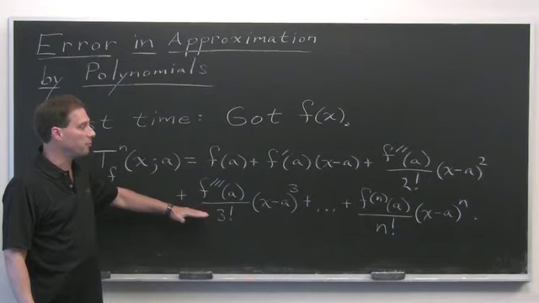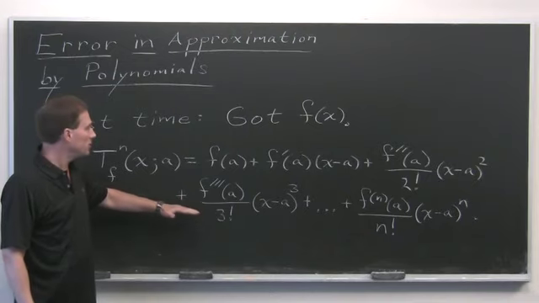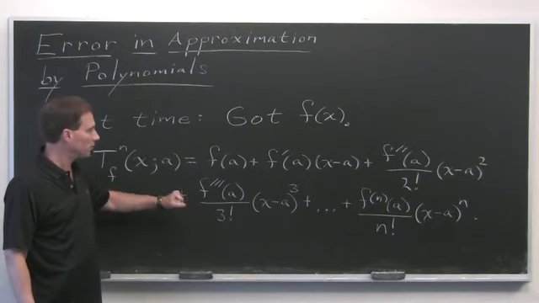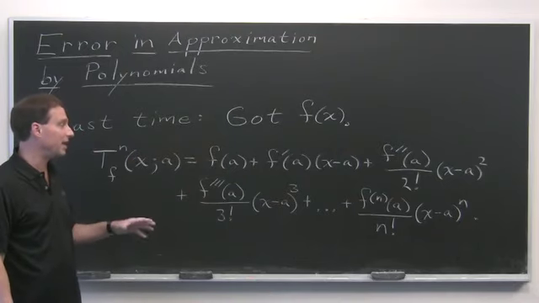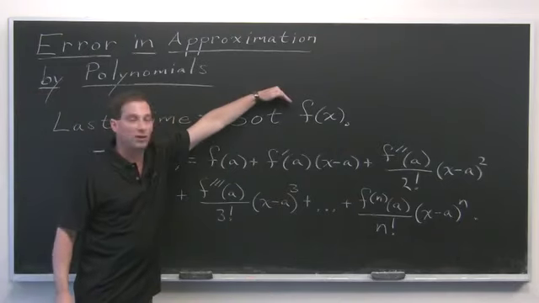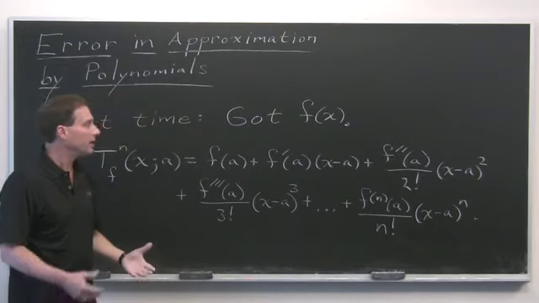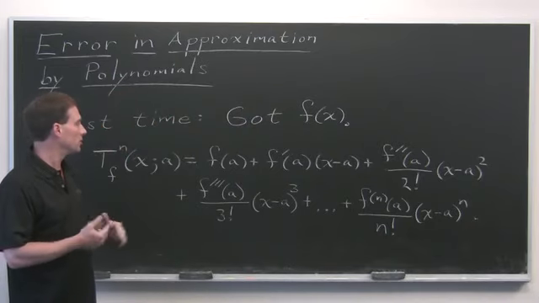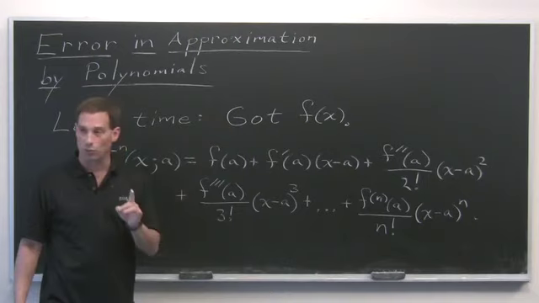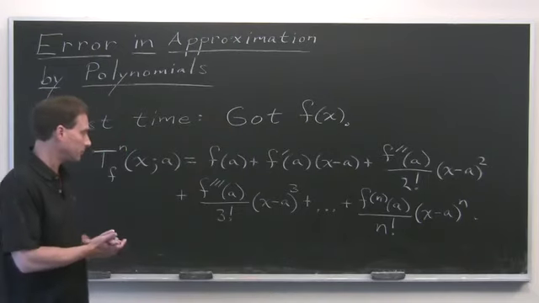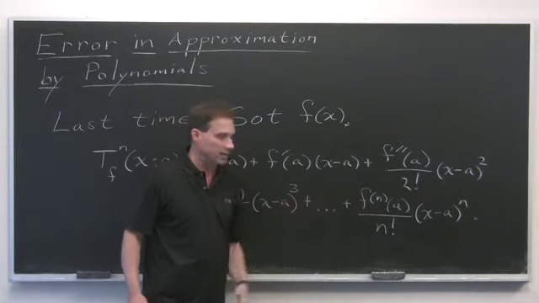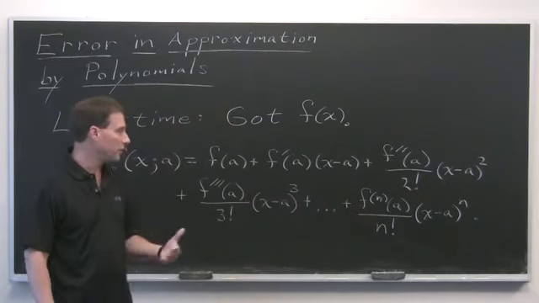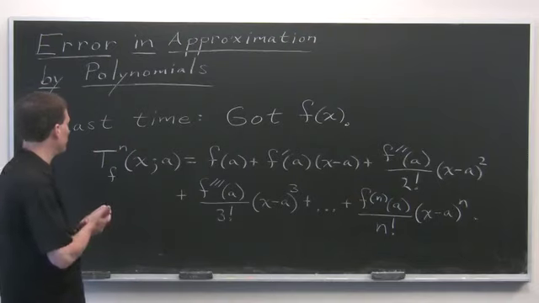And this is what we came up with: this polynomial has the value of the function and its first n derivatives at a equal to this function's and its derivatives' values at a. And it's your hope that that makes the polynomial very close to the function when x is close to a. This, of course, assumes your function is n times differentiable. Otherwise, we wouldn't have that nth derivative there.